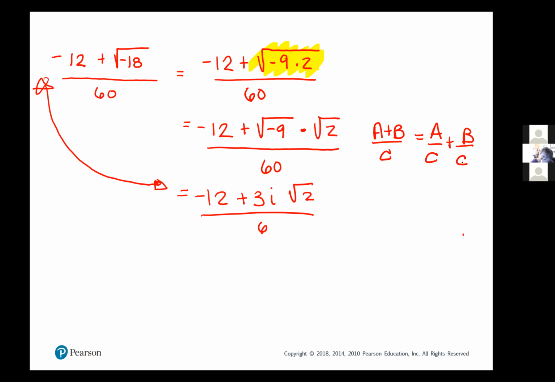So for example, if I have 5 plus 7 over 9, that's the same as 5/9 plus 7/9. It's the same thing. So I can rewrite this fraction, and I can take each term in the numerator and write it over the denominator.